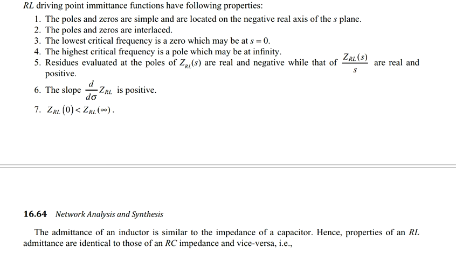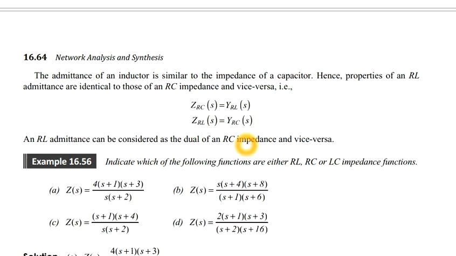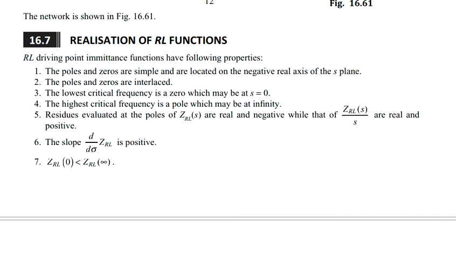Okay, and if you see these, I'm talking with respect to ZRL. But here there is an important point to note with respect to RL and RC function properties. See, all these properties are specifically told with respect to ZRL, but even though here it is mentioned like emittance function, these first 4 are common because they are valid for both admittance as well as impedance.